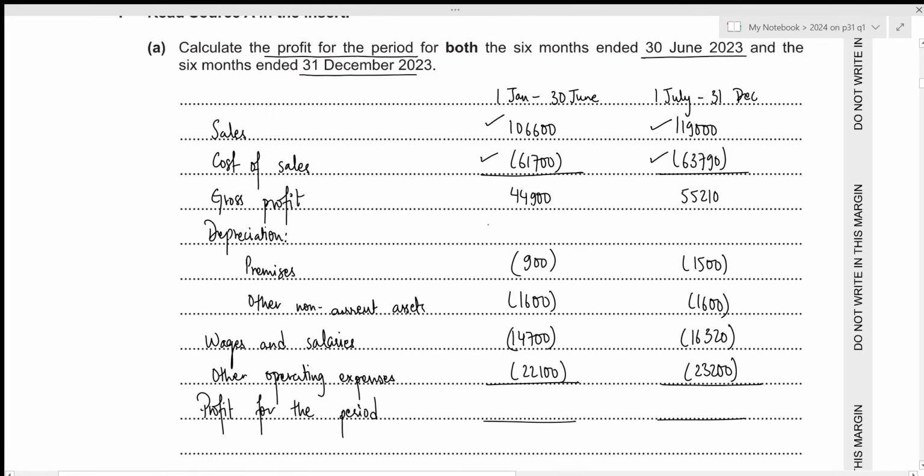For the first half of the year, that will be 44,900 minus 900 minus 1,600 minus 14,700 minus 22,100, which results in the value of 5,600. For the second half, that will be 55,210 minus 1,500 minus 1,600 minus 16,320 minus 23,200, which results in 12,590. That is all for the first part.